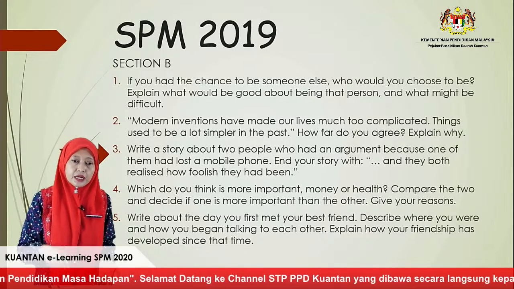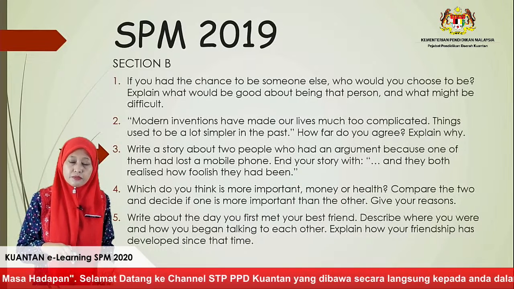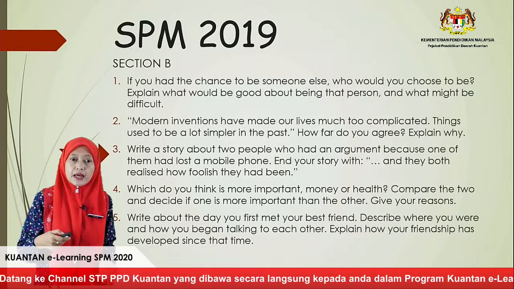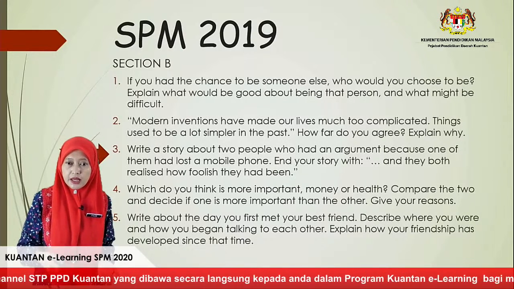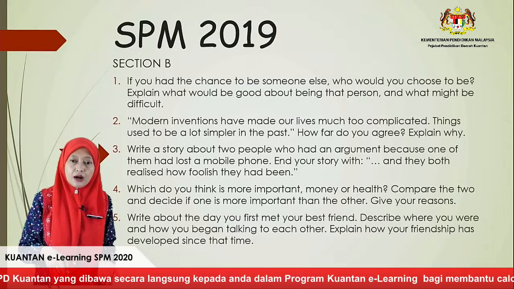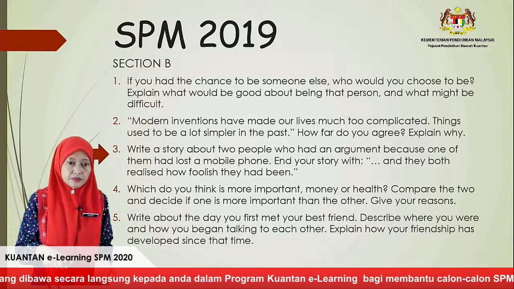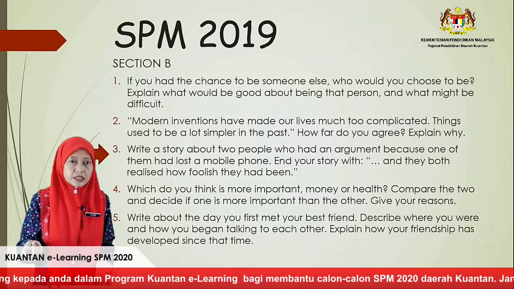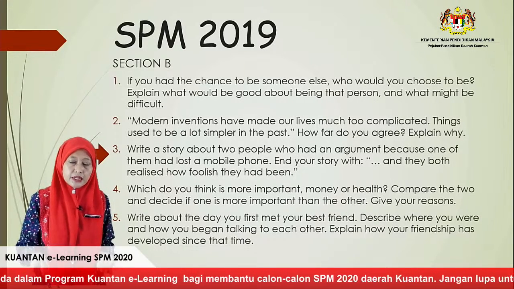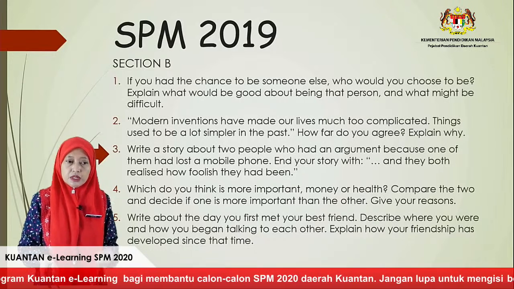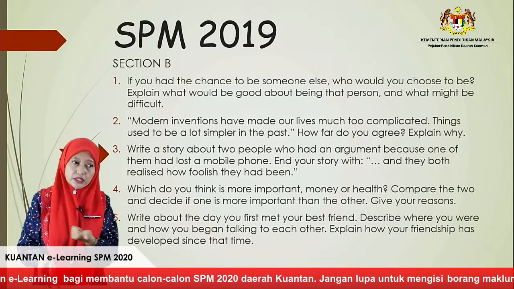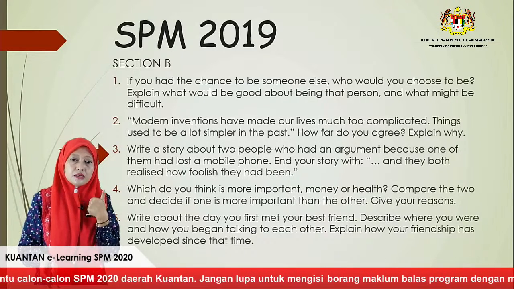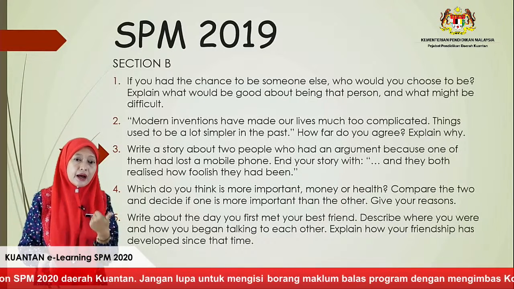Number 5, write about the day you first met your best friend. Describe where you were and how you began talking to each other. Explain how your friendship has developed since that time. Even though this is actually a combination of several types, you need to write on descriptions, okay, descriptive element, where and how.